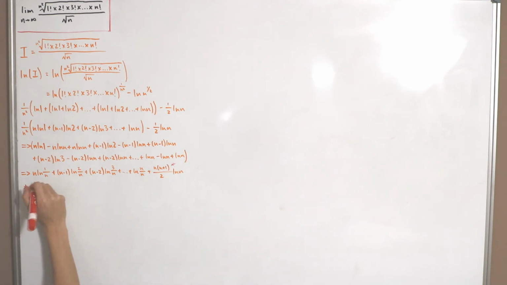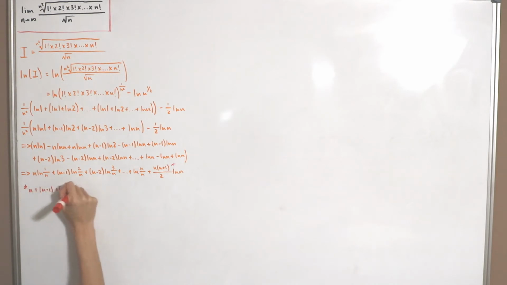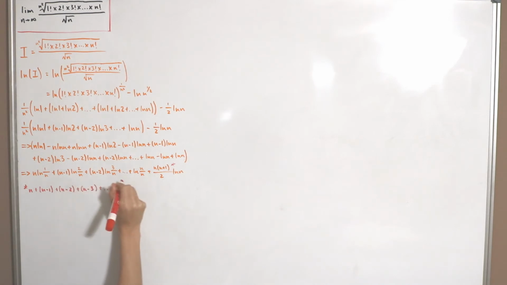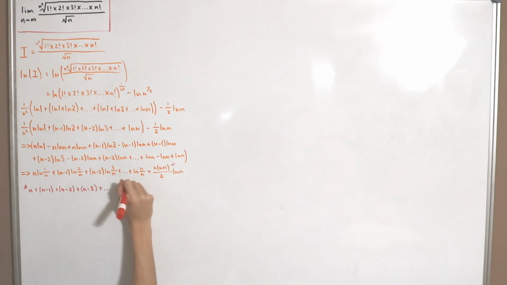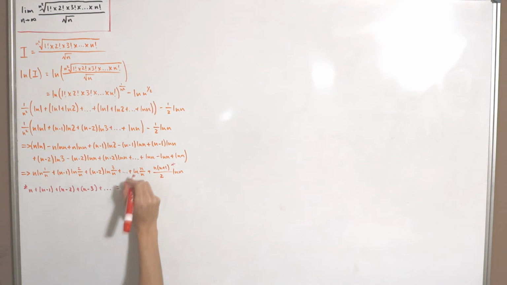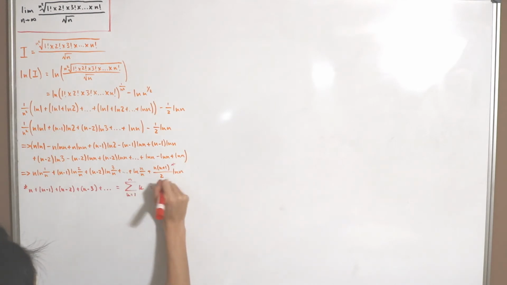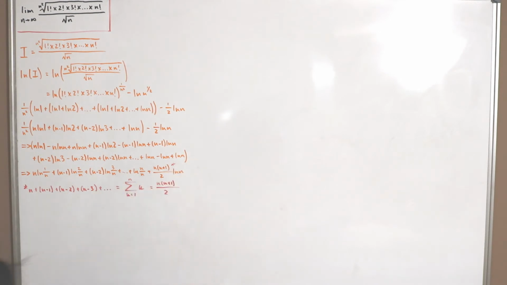So you'll see what the pattern's doing: we have n, plus n minus 1, plus n minus 2, plus n minus 3, and so on and so forth. You'll notice that we're taking the partial sum from k equals 1 to n of k, and that formula gives us n times n plus 1 divided by 2, and that's what justifies the star over here.